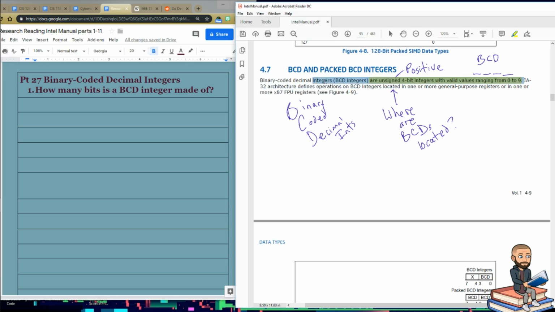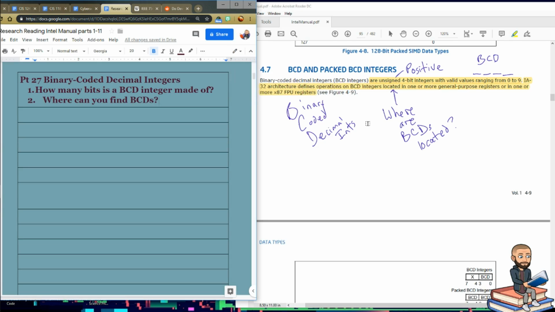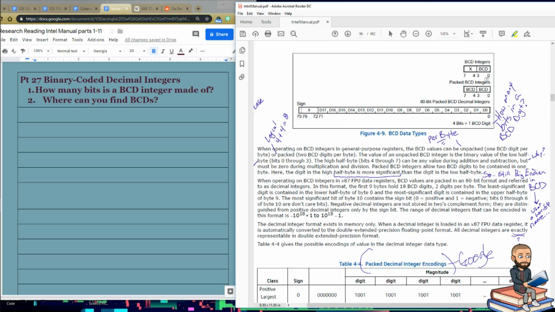Now, the IA32 architecture defines operations on BCD integers located in one or more general-purpose registers or in one or more x87 FPU registers. So simple question there, where can you find BCDs? Well, they supply us a picture here, but I think the one I showed you might have been a better one to look at.